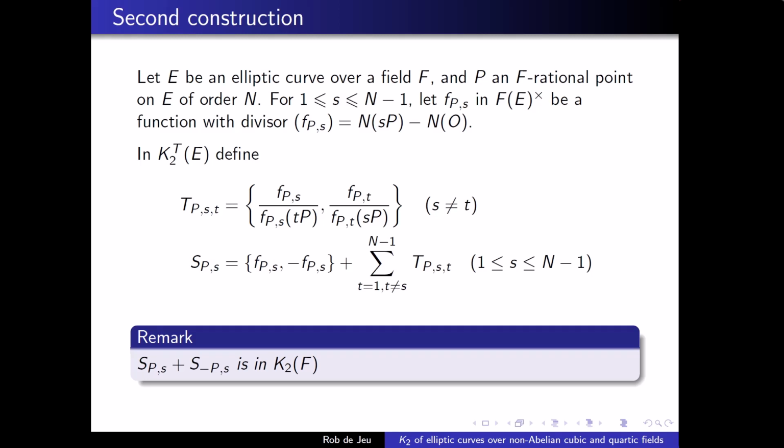So you do exactly what I said before in this context here. I take a multiple s times P, I write down a function that has a zero of order n at sP, and a pole of order n at O, and I normalize this function to be 1 at the other point tP of order n at O. So this is automatically going to be in the kernel of the tame symbol.